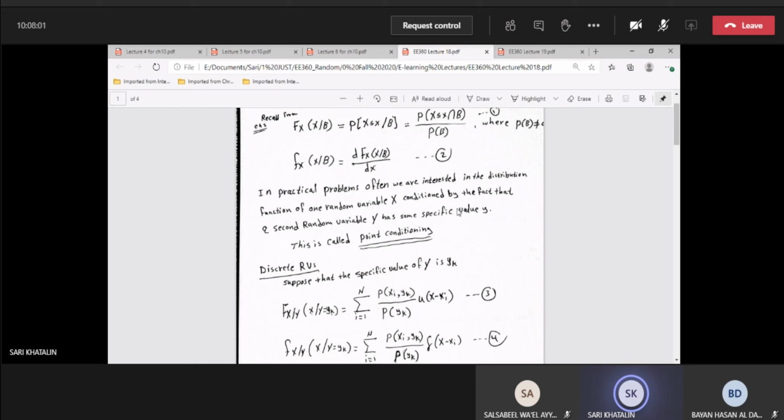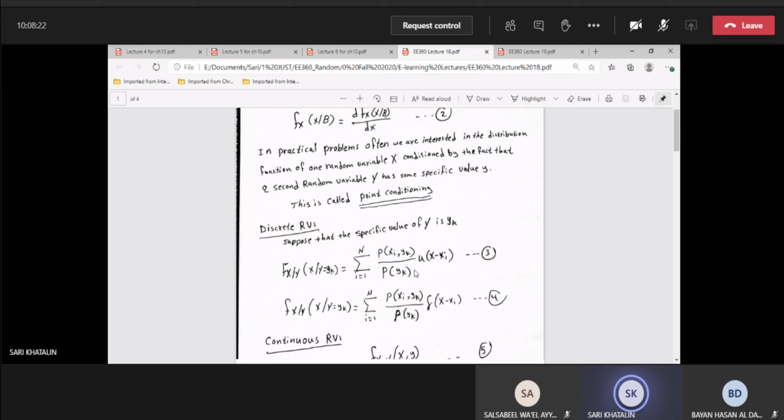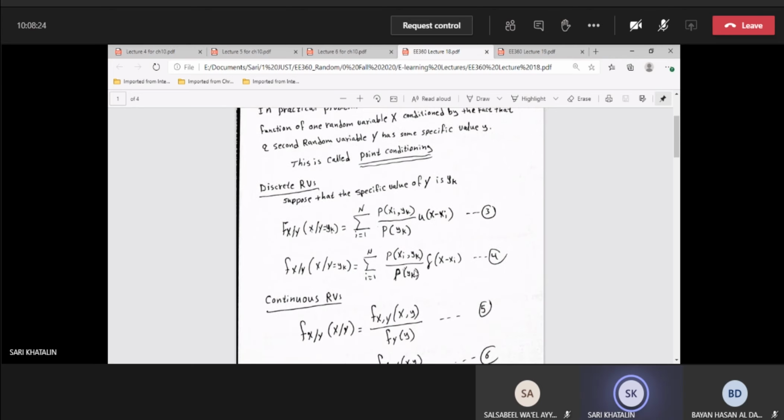For example, if we have X and Y, we need to find the distribution or the density function of X given that Y has a specific value, let's say small y. This is called point conditioning. This is very straightforward. We're not going to go through a lot of details, we're just going to go through the expressions here.